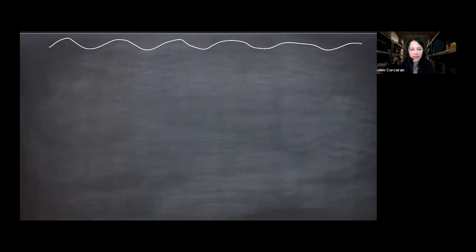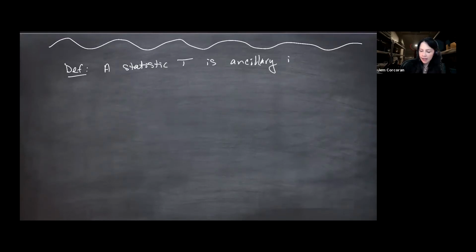So the first thing I want to do is define for you an ancillary statistic. A statistic, T, is ancillary if its distribution is parameter free.